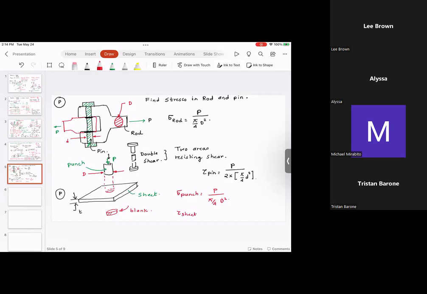Please understand the resisting area is circumferential. So this is called the circumferential shear, or also called circumshear. So this is P divided by pi times d multiplied by t.